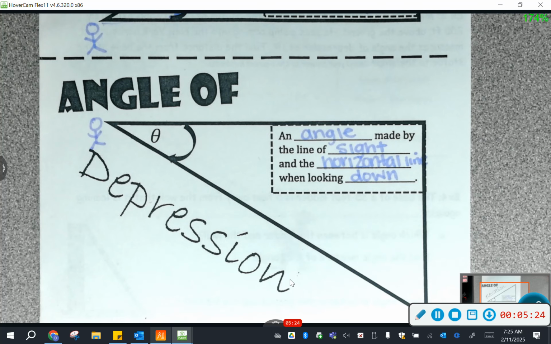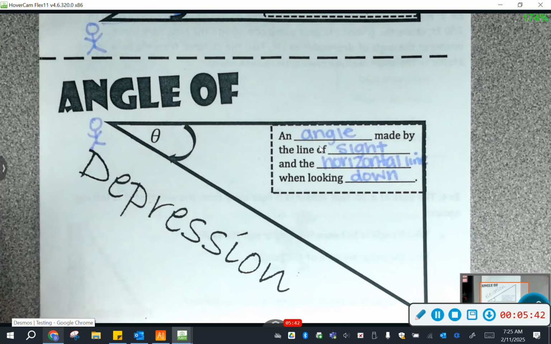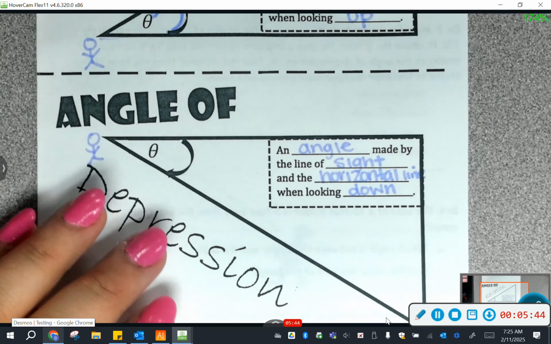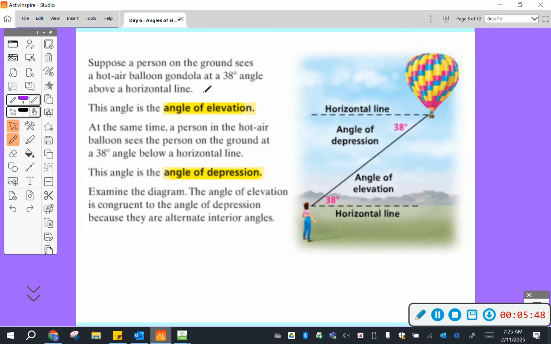Do you know what math you're going to take next year? Okay.